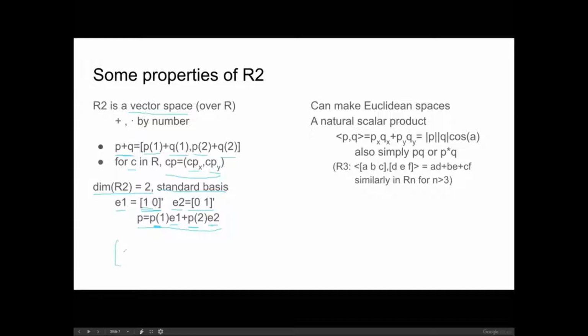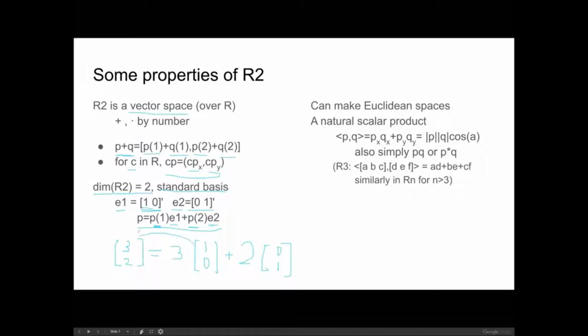I'll try again to scribble here something with my mouse, but maybe I will go to Jamboard sooner. So yes, if you have a vector of, I don't know, like 3, 2, then the first coordinate of the vector is 3, and you multiply it by the first basis vector, 1, 0, and add to it the second component of the vector multiplied by the second basis vector.